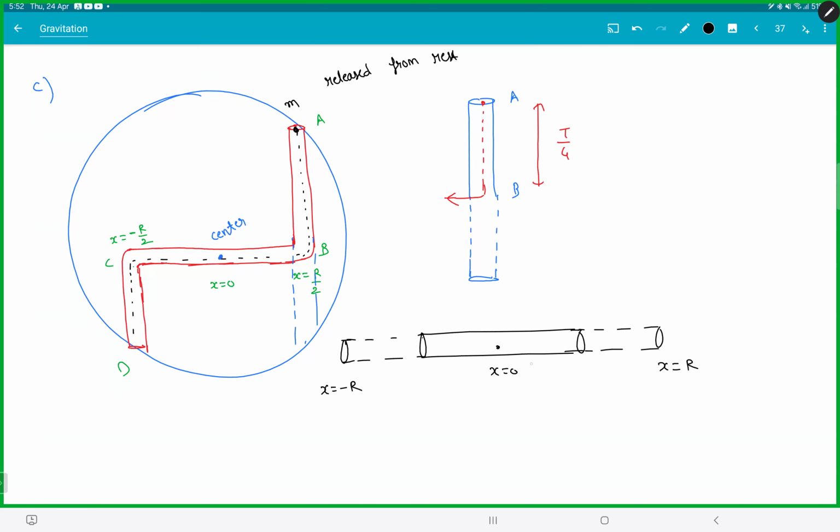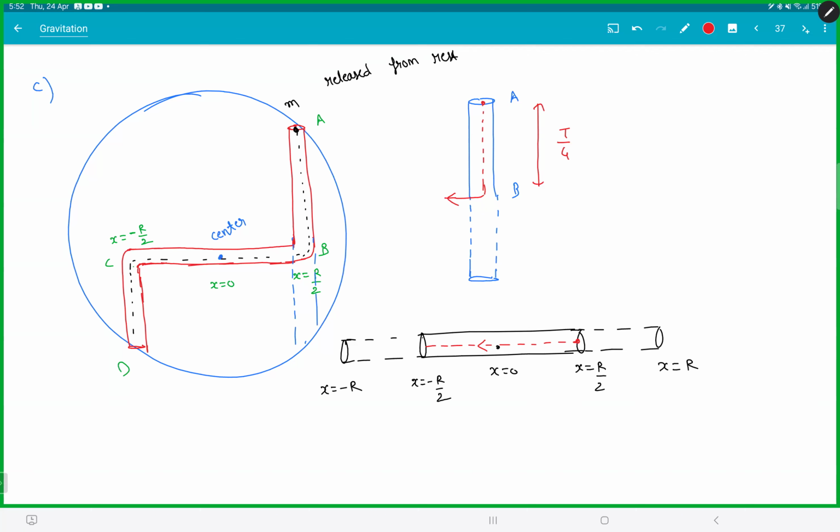This is x equals 0, this is x equals r by 2, and this is x equals minus r by 2. So you are asked to find the time taken for a particle to go from r by 2 to minus r by 2. It's not a full SHM. In an SHM, it is a part of it. Is that making sense? And what is the time taken to go from r by 2 to 0?